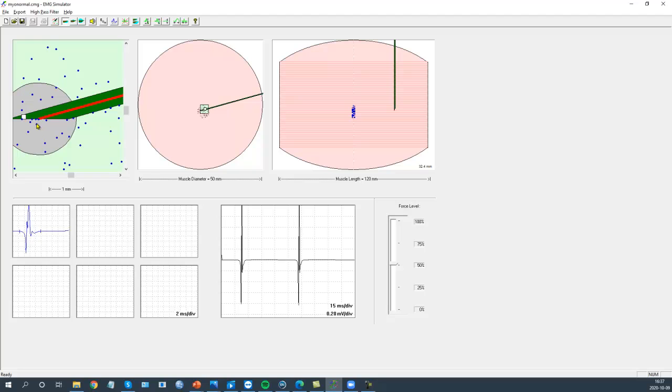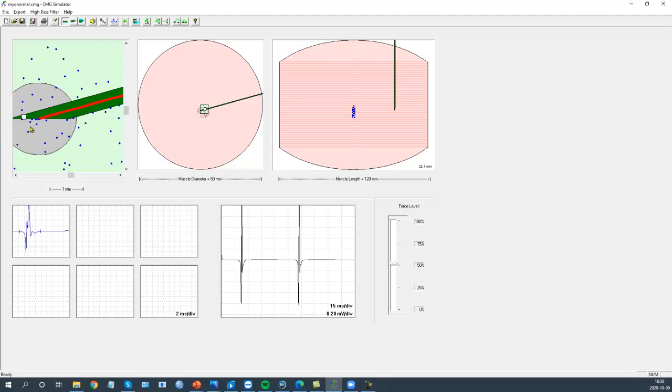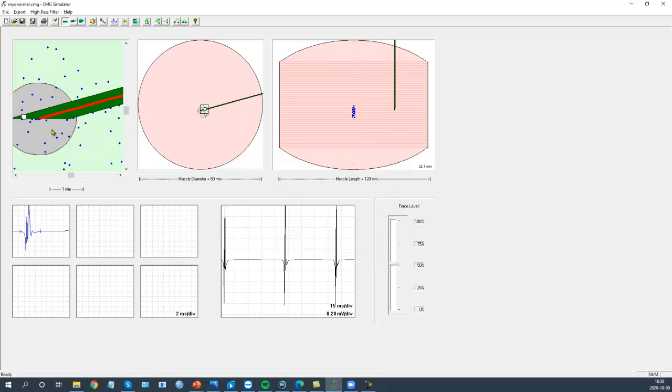is muscle fiber dropout the reason for polyphasicity, the early sign in myopathy? I am going to delete one fiber after the other, and you watch here if the signal is getting more and more complex. I will remove that fiber.